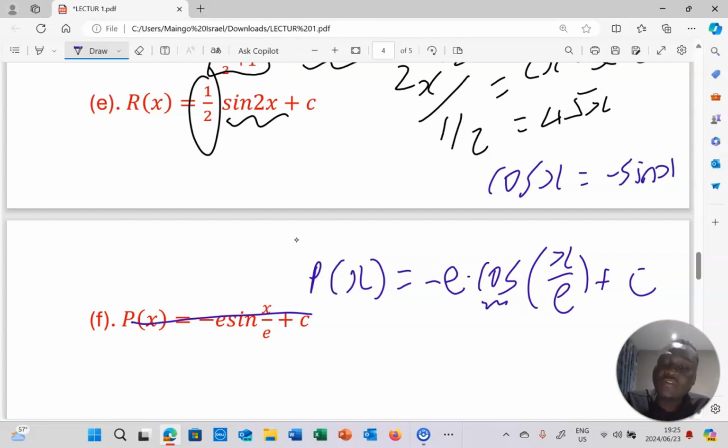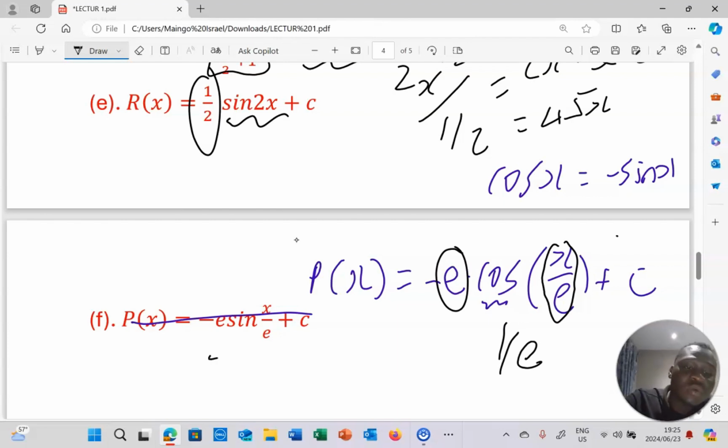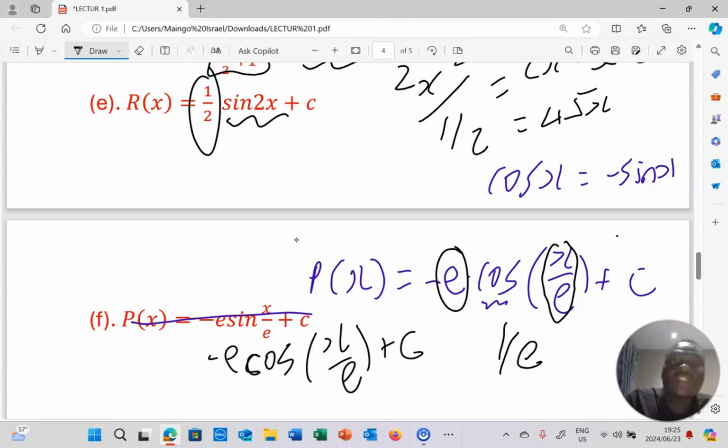But because we're going to make use of the chain rule, we must consider this part also, because when you differentiate this part we get 1 over e, so we must have the reciprocal of 1 over e, which is e. Thus this one will be negative e cos x over e plus c.